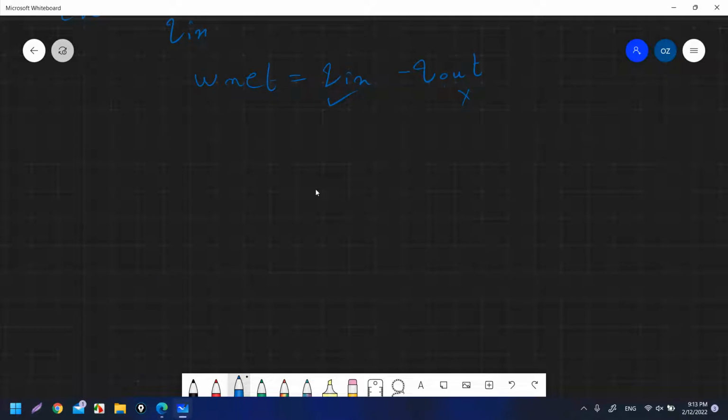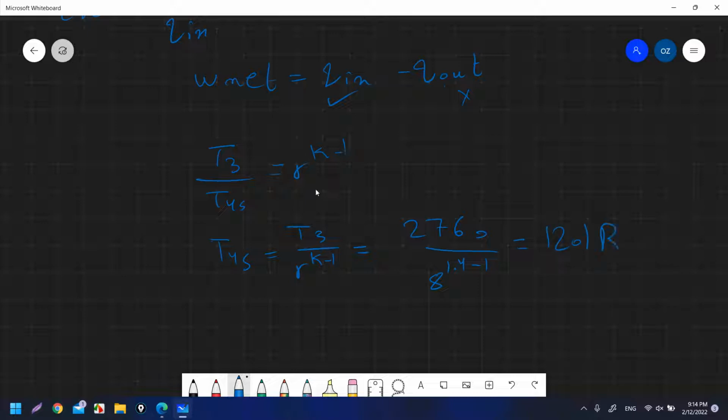T3 over T4S is also equal to R power K minus 1. So T4S is equal to T3 over R to the K minus 1, which is 2760 over 8 to the 1.4 minus 1, and this will give you 1201 Rankine.